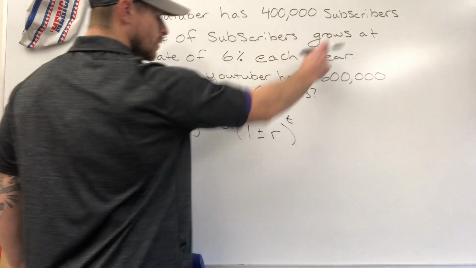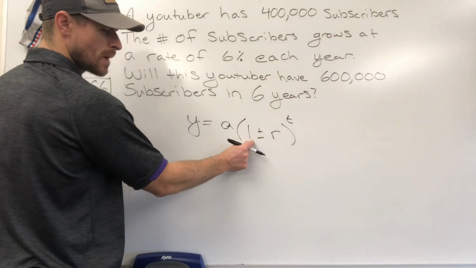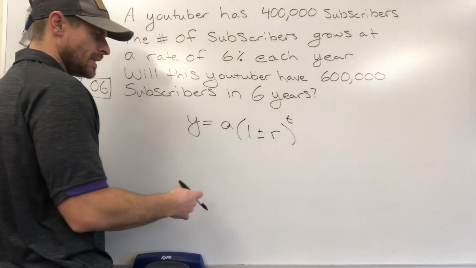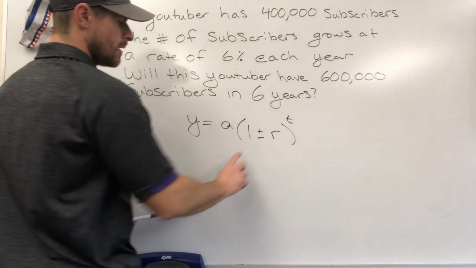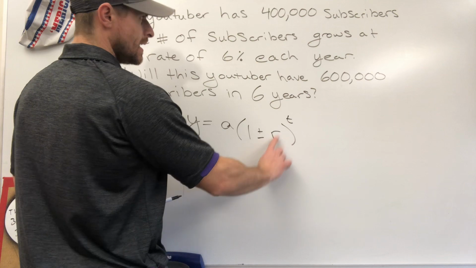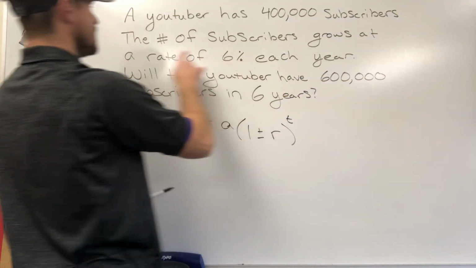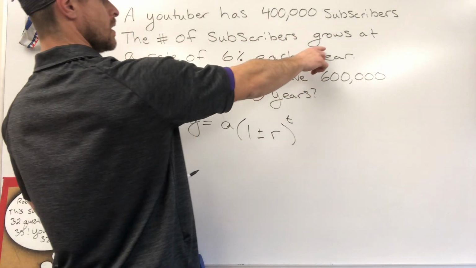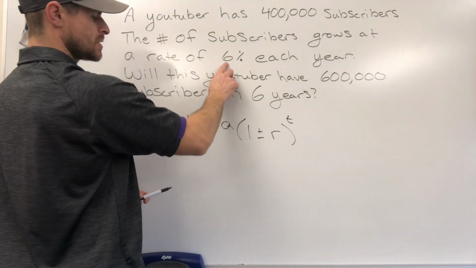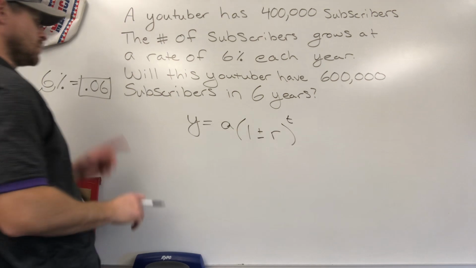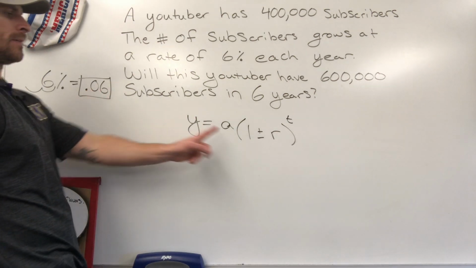Well, if we're growing, we need to add to 1, which is representing 100%, right? We need to add to that 100% so we have the extra 6% on top, okay? So adding if you're growing, but if this would have said the number of subscribers goes down at a rate of 6%, we need to take 6% away from 1, okay? So you would have taken 0.06 away from 1.